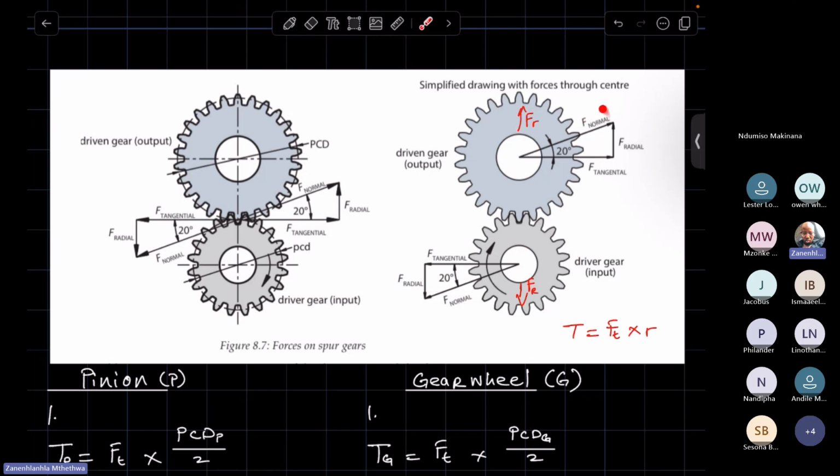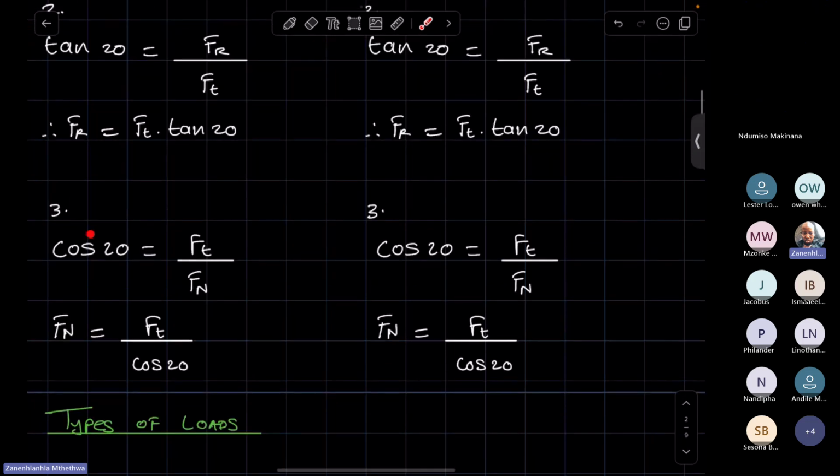So to get the normal force using trig ratios, cos would be convenient to use. As you know, cos is equal to the side adjacent to the angle divided by the hypotenuse. The hypotenuse in this case is the normal force. Solving for the normal force, the normal force will be equal to the tangential force divided by cos 20, which, as you can see, is the same thing even for the gear wheel.